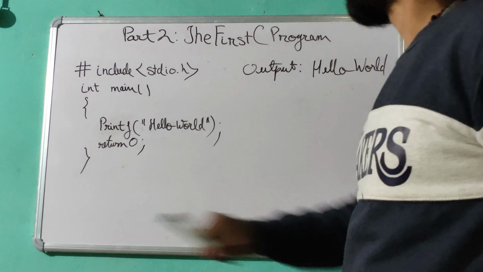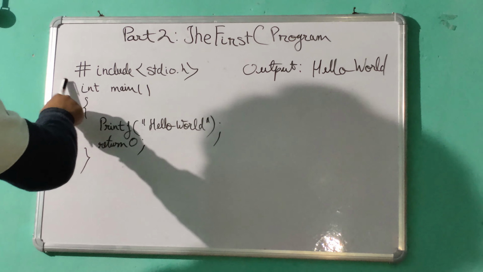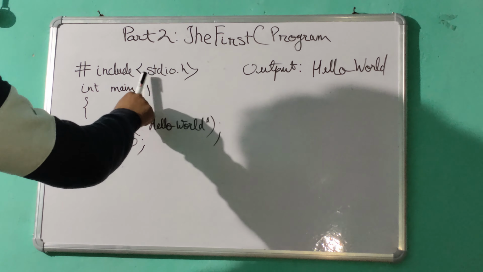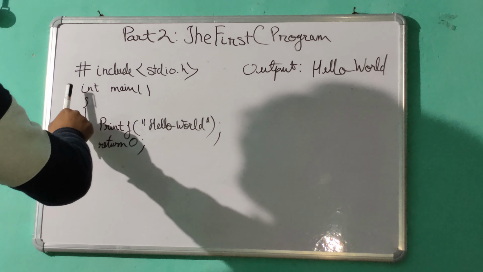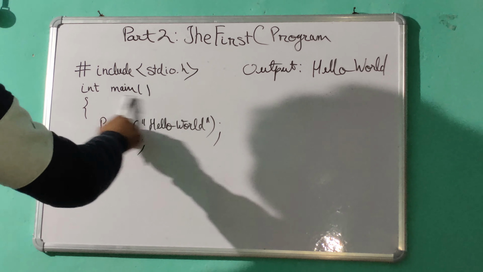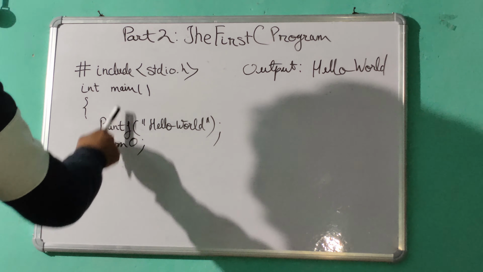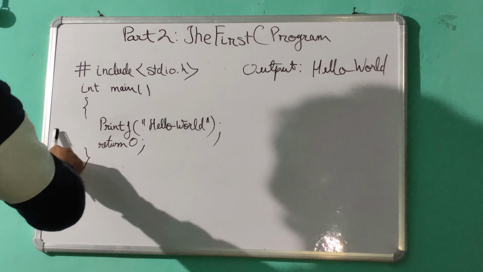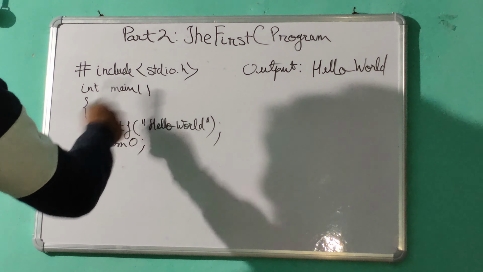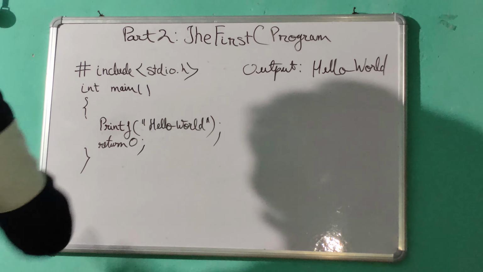Let's start from the top. We have written hash include stdio.h, then int main is our function, with curly braces start and end. Inside the curly braces we have written our statements: printf hello world, then we have written the value 0.